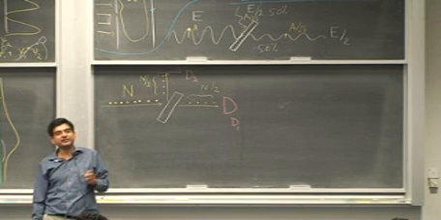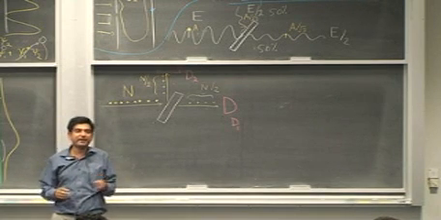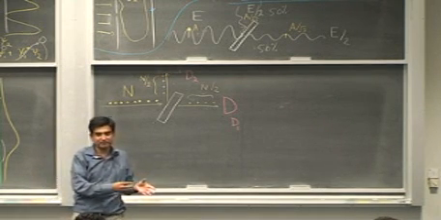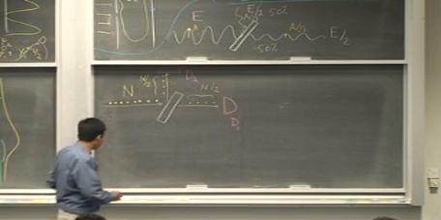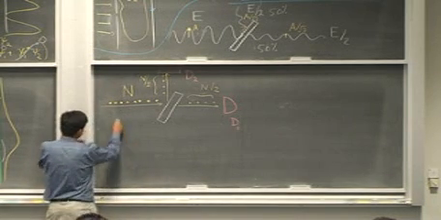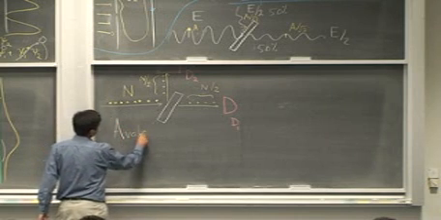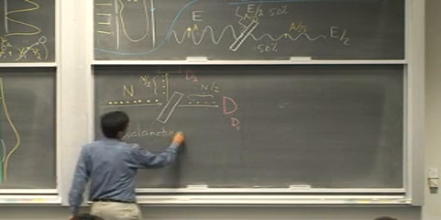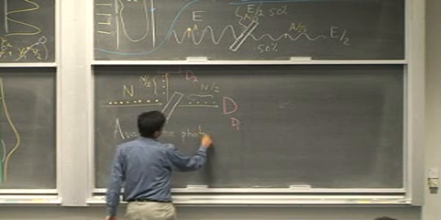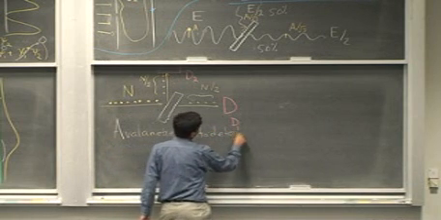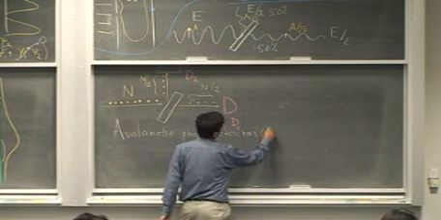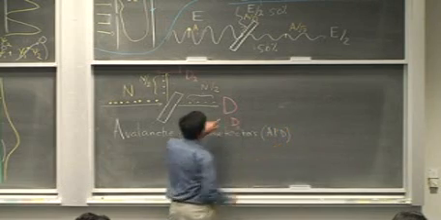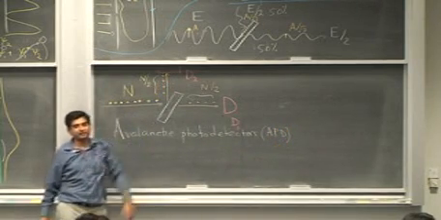We can also have in the laboratory detectors that click whenever a single photon strikes them. Okay, and these detectors are called avalanche photodetectors, APDs. Anyway, this is an APD and this is an APD.